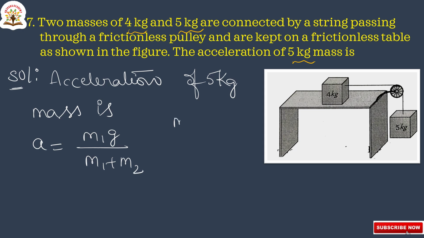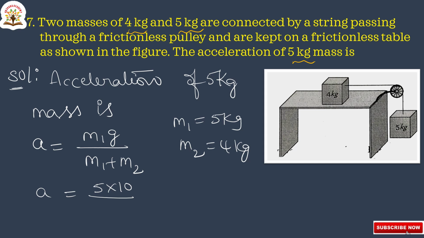They have given M1 is equal to 5 kilogram and M2 is equal to 4 kilogram. Now substituting the values, 5 into G, nothing but 10, over M1 plus M2, 5 plus 4. So that implies A is equal to 5 times 10, 50, over 5 plus 4, 9. So 50 by 9 gives 5.55 meters per second square.